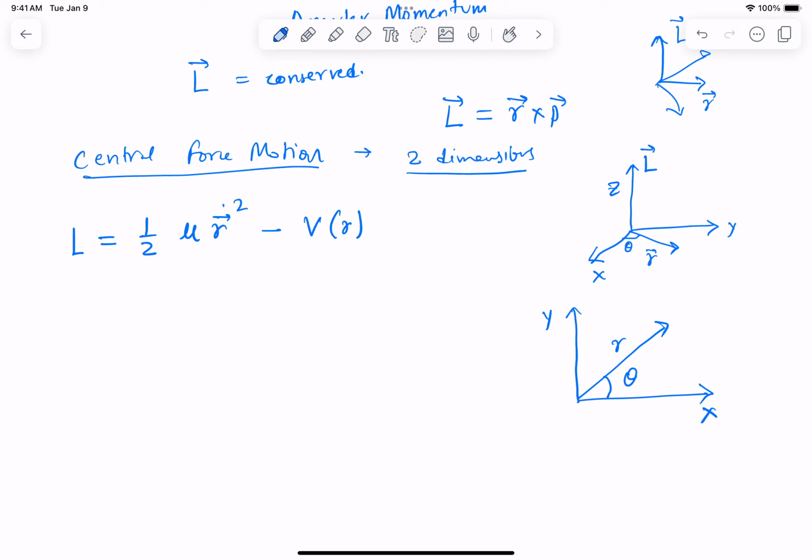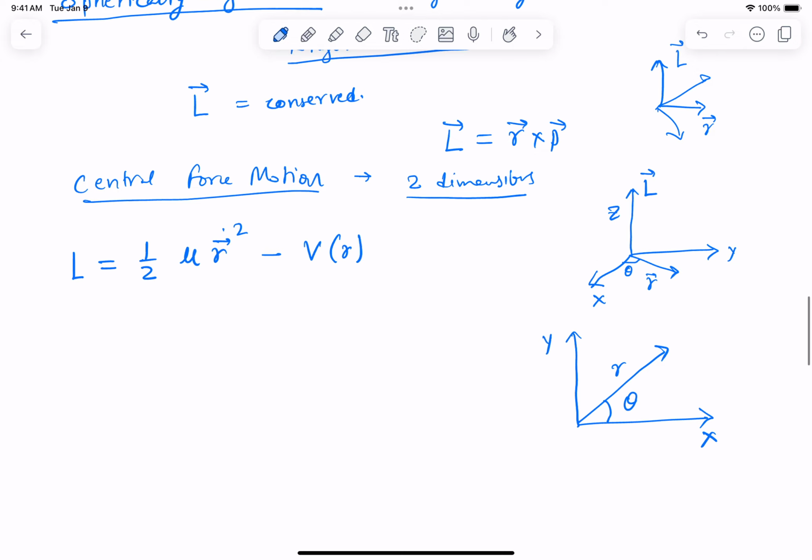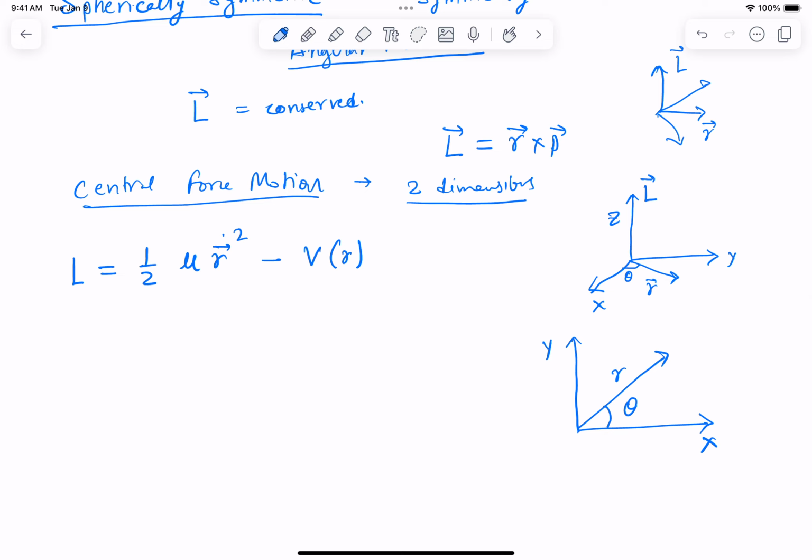And now that it has this magnitude r and angle theta, you can clearly see that the Lagrangian can be written as half of mu times (r dot squared plus r squared theta dot squared) minus V of r.